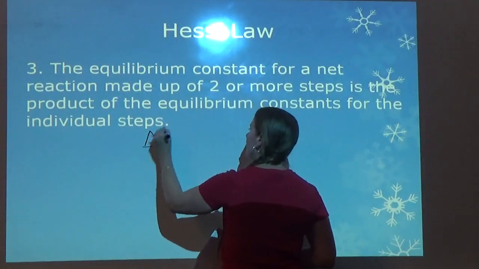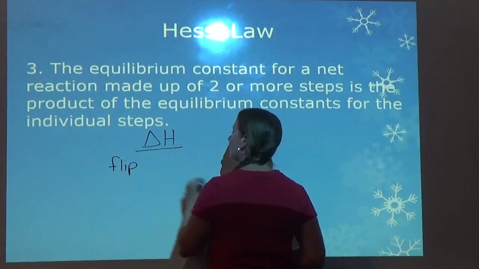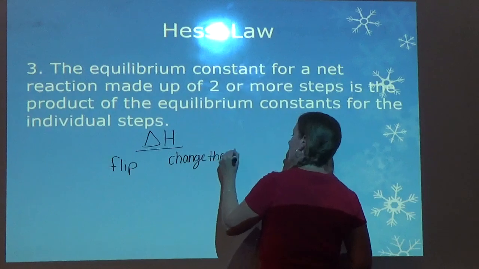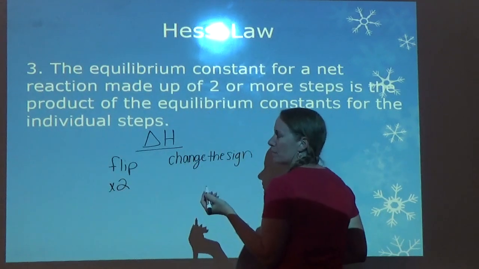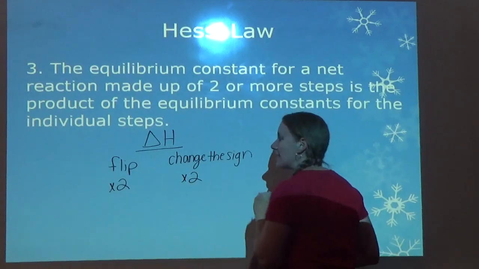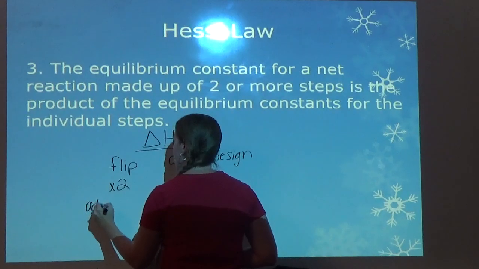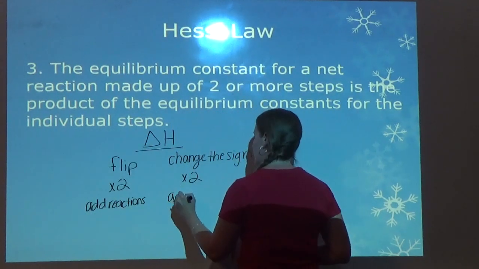When we're talking about Hess's law for delta H, if you flip a reaction, you change the sign of delta H. If you multiply a reaction by a number like 2, you multiply delta H by that. Once you're ready to add the reactions, you add the delta H's.